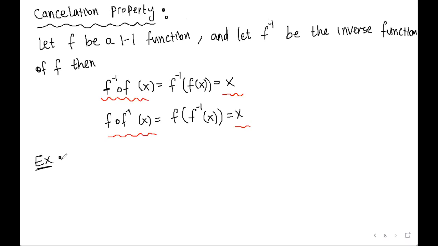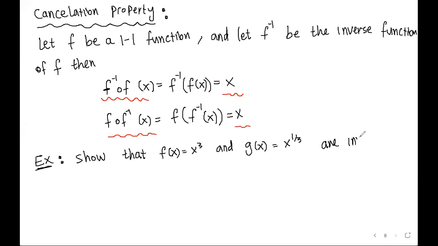But if you want to think about this one, show that f of x equals x cubed, and the second function g of x equals x to the 1 over 3, are inverse of each other.